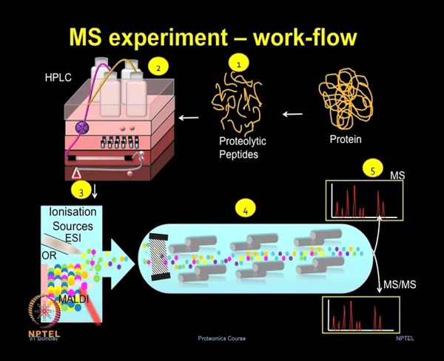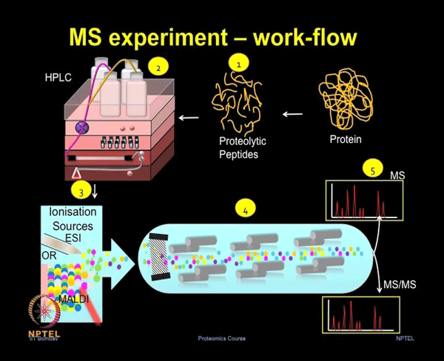So, as you can see in the slide, in the MS experiment workflow, there are multiple steps involved. I have numbered those from 1 to 5. Protein samples are digested using trypsin and peptide mixtures are fractionated by using liquid chromatography, or LC.